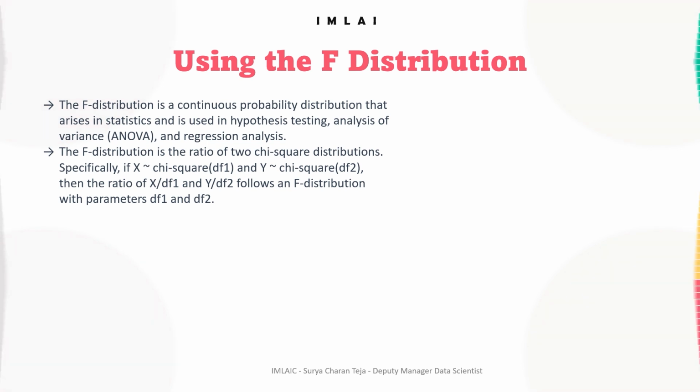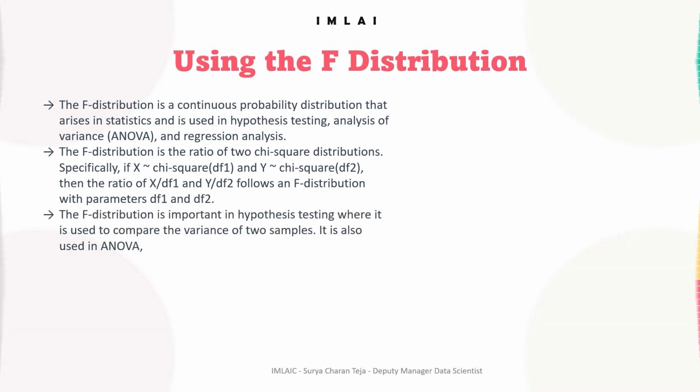The F distribution is important in hypothesis testing, where it is used to compare the variance of two samples. It is also used in ANOVA, a statistical method used to compare the means of two or more groups to determine if there is a significant difference between them.